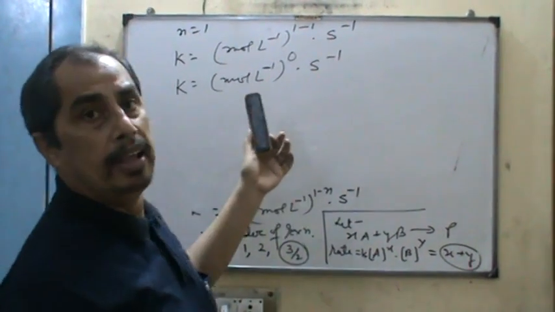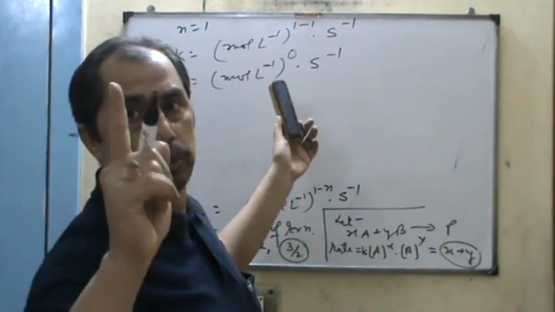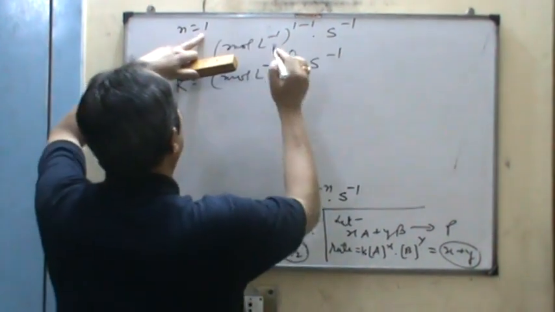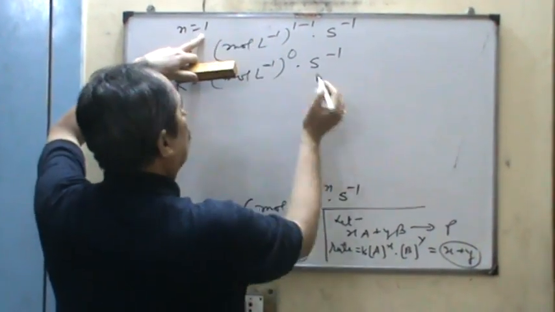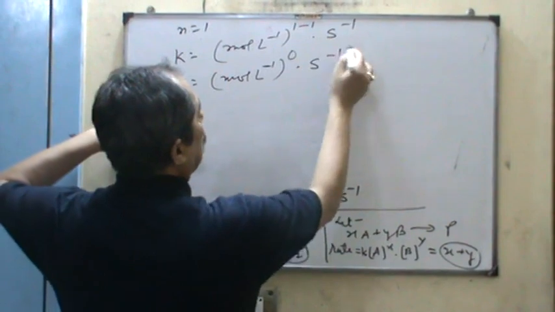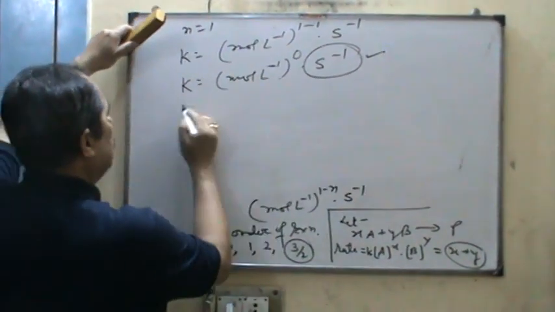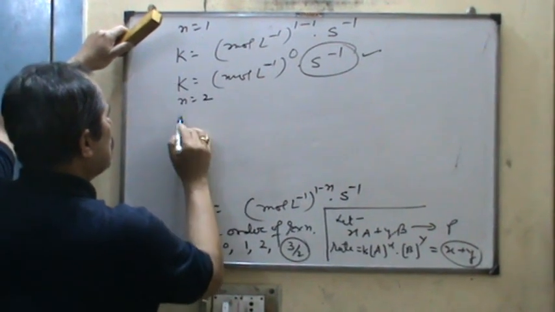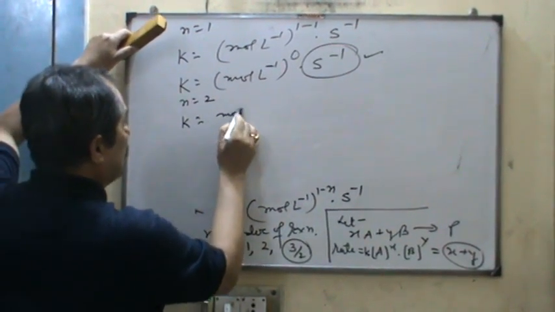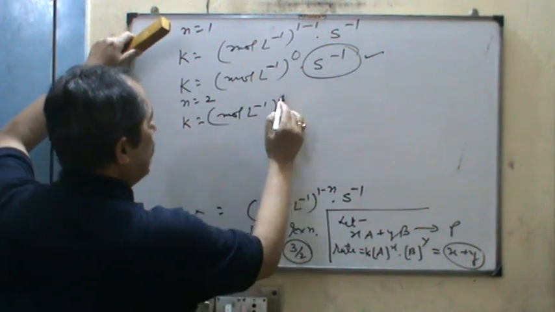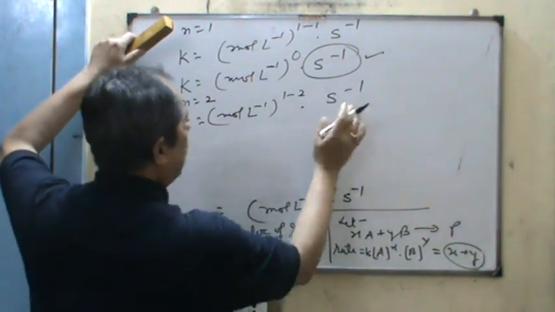You know it very well: anything raised to the power 0 is 1. So finally the unit of rate constant for first order reaction is only second^-1. If I take the second order reaction, so n is equal to 2, so the unit is (mole liter^-1)^(1-2) second^-1.